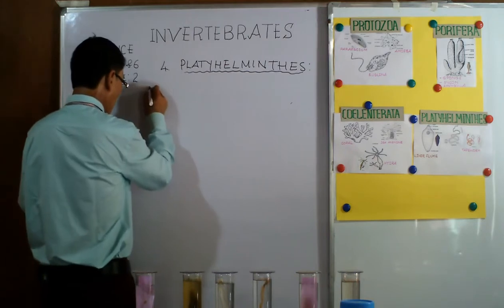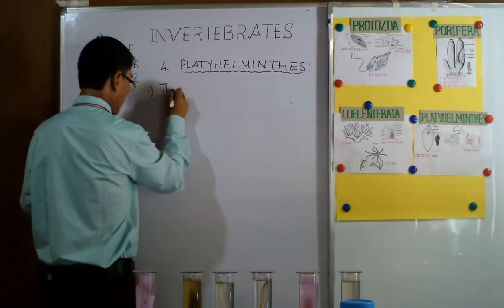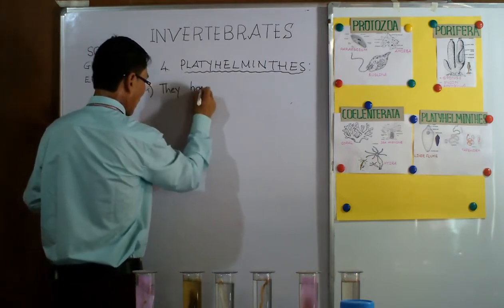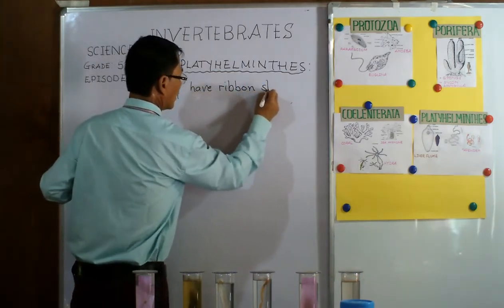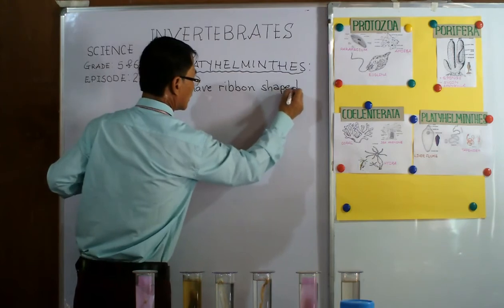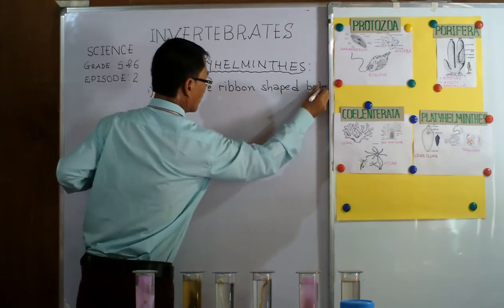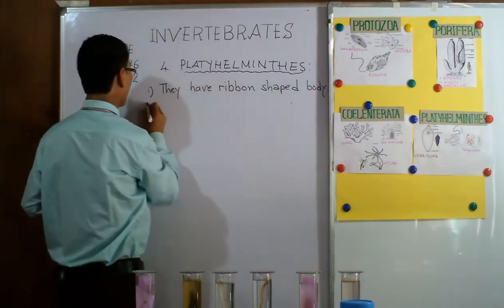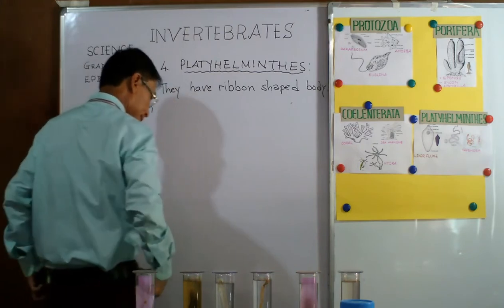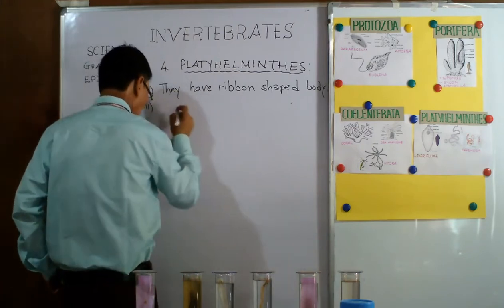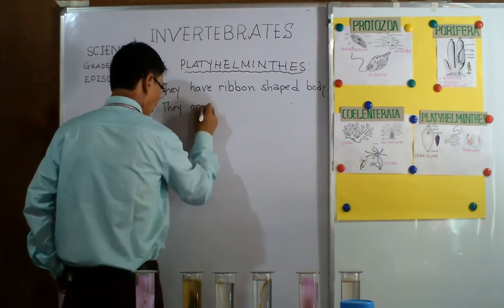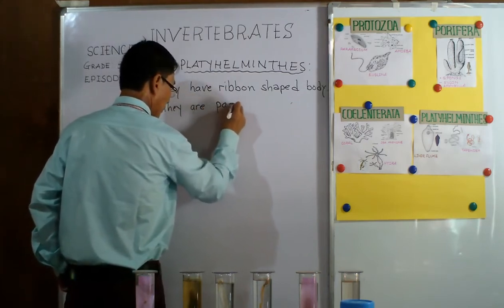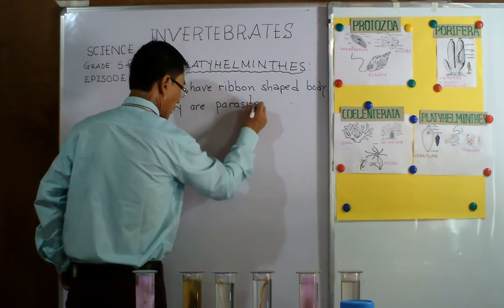Number 1, they have ribbon-shaped body. Next, they are parasite.